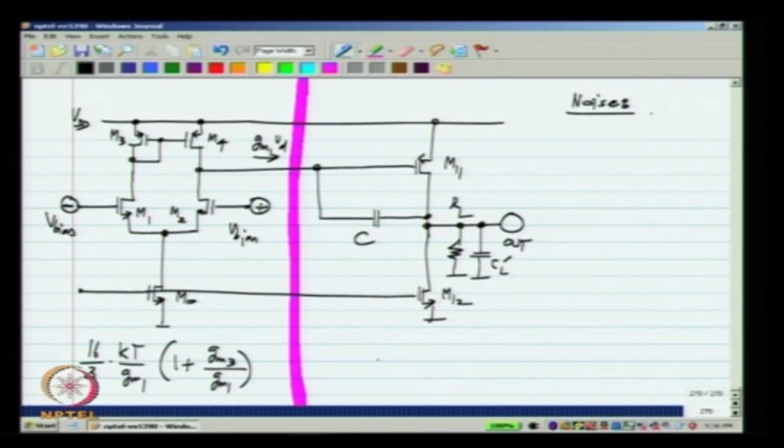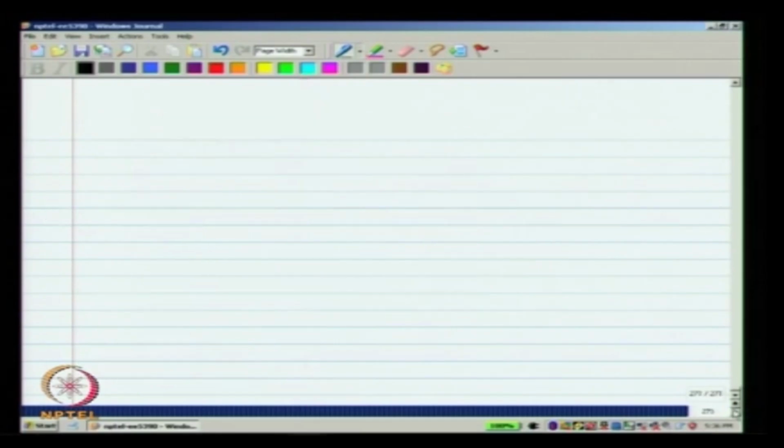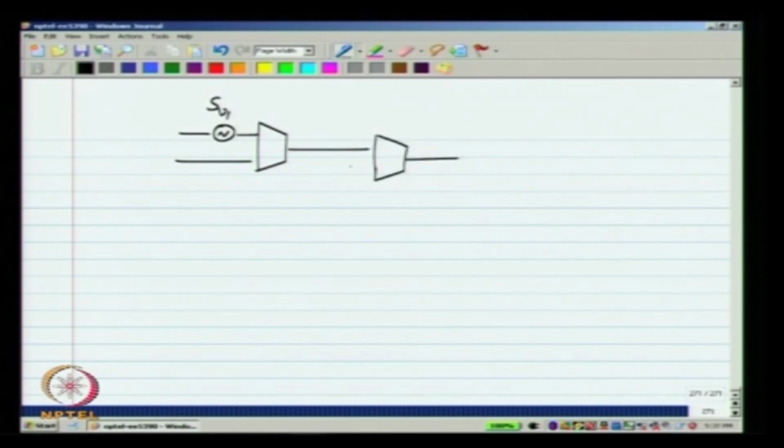Now, let us say we have a two stage structure. We already know the input referred noise of the first stage. Let me call it SV1, and this is GM1, GO1. One thing I will do is I will also ignore all the capacitors while calculating the input noise spectral density. So, it will be valid only for low frequencies, but that is okay, that usually serves as a good enough estimate of the noise.